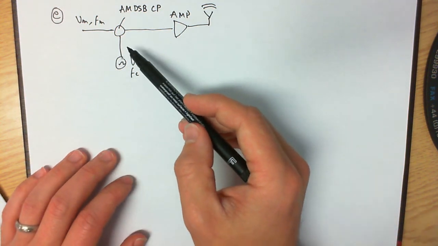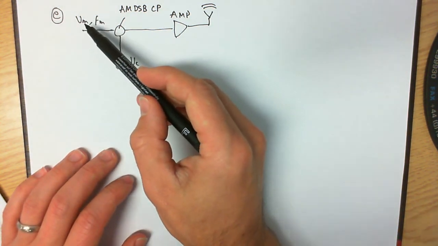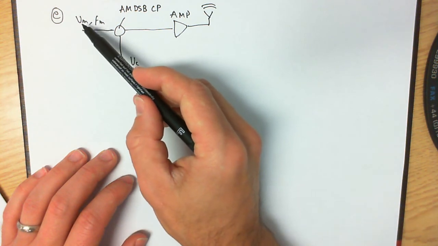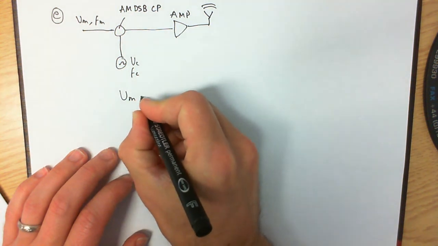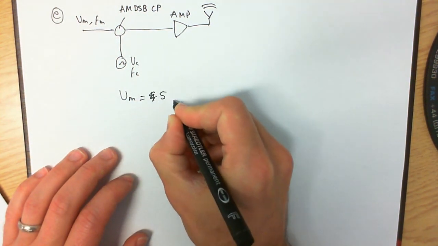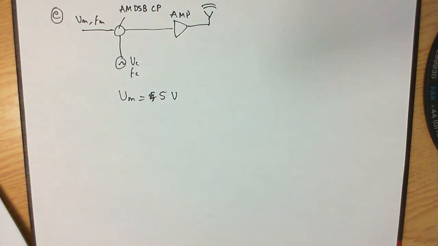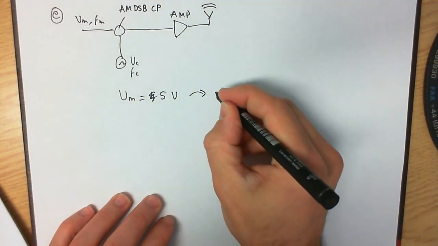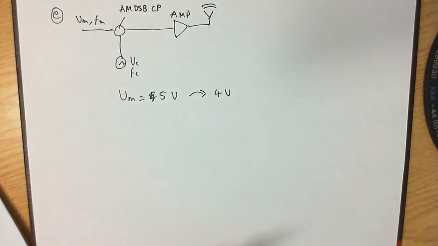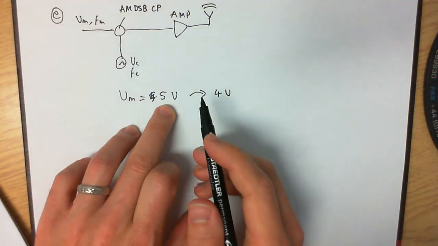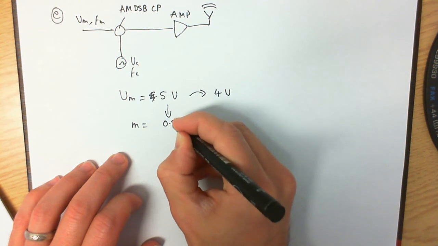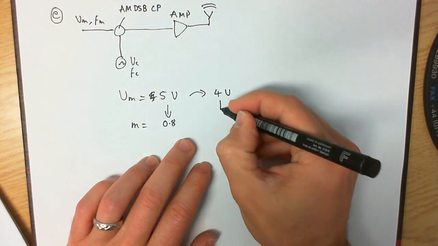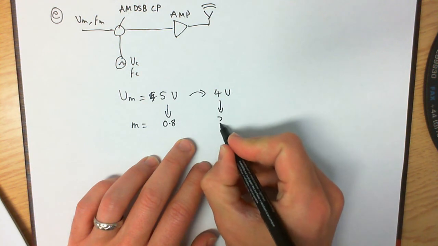Now the question in this case is actually saying, if my initial modulation, which is at a much lower voltage, initially Vm was equal to 5 volts, and now that is going to change and go to 4 volts. Because this is a linear system, all we're saying is that if 5 volts gives us a modulation index of 0.8, what does 4 volts give us?